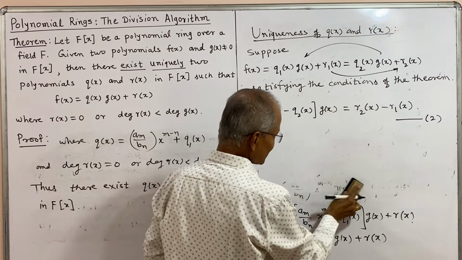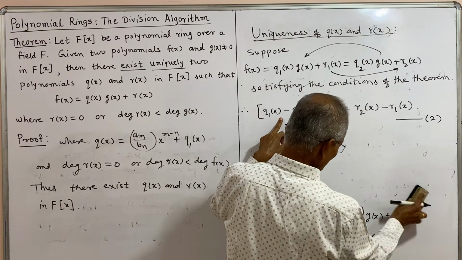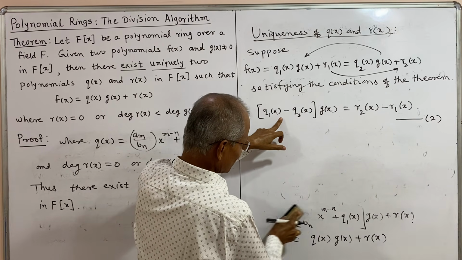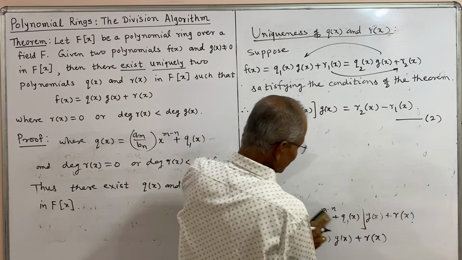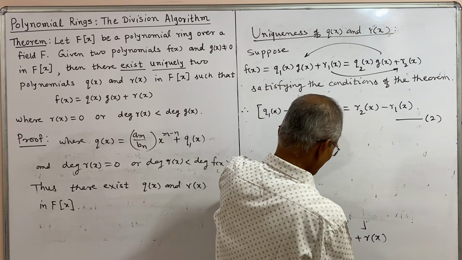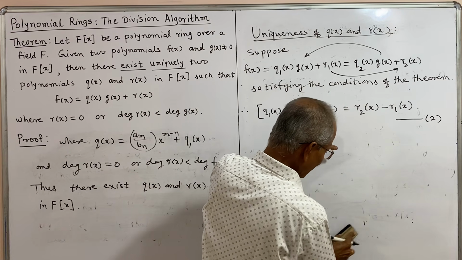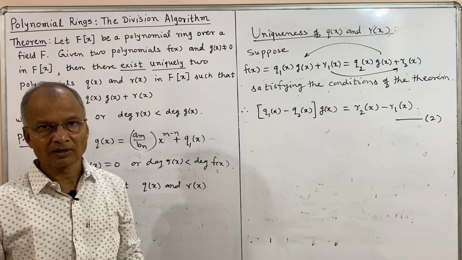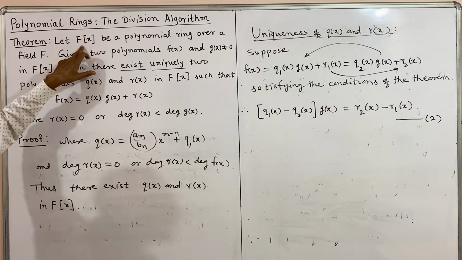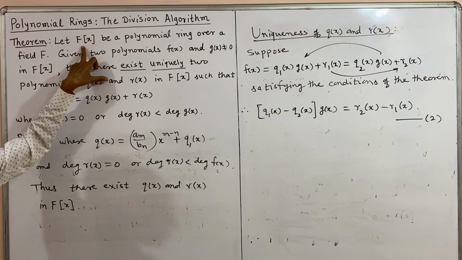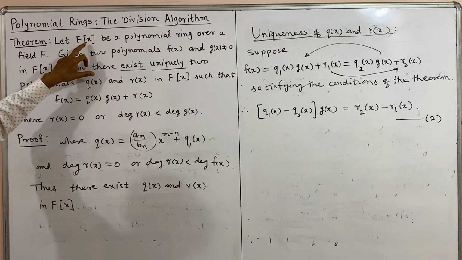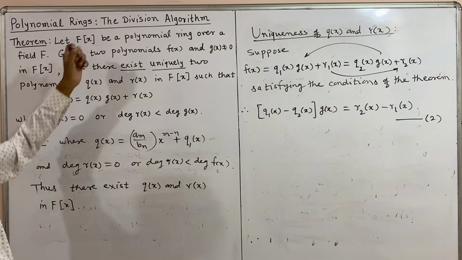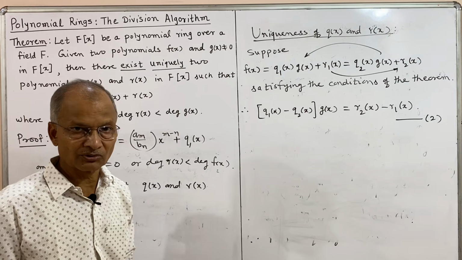And now what happens if this is not 0? If this first bracket is not 0 and by assumption the second is not 0, then if both are not 0, the product is not 0. This is the property of an integral domain. And this F[x] is also an integral domain because the coefficients are elements of a field. That condition we shall use here.